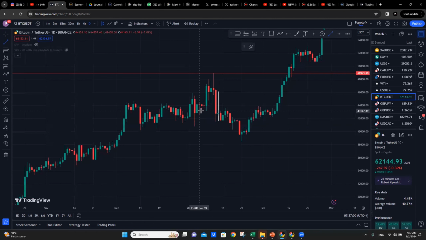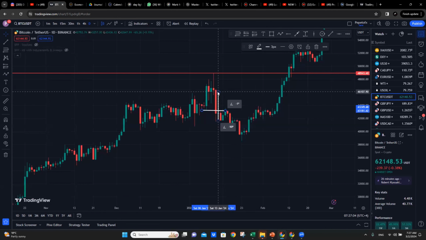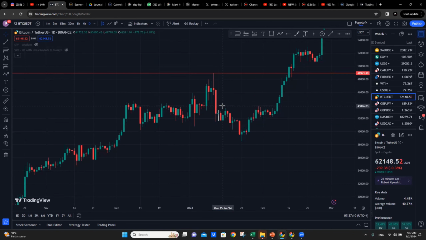And the break of structure is from here. So then what you need to do, you need to say, okay, this is the trend power after the breakout. You see? Filter those noises. This is BOS. And this is your trend power.